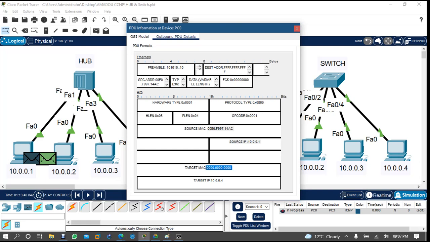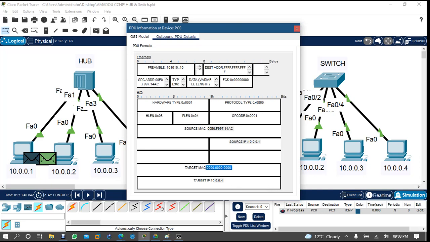Whenever any PC wants to communicate from source to destination, whether in older times or today, the computer needs both the layer 2 address as well as the layer 3 address. If you have layer 3, it doesn't mean that you will directly communicate to the destination system. If you do not have the MAC address, your system will generate an ARP message.